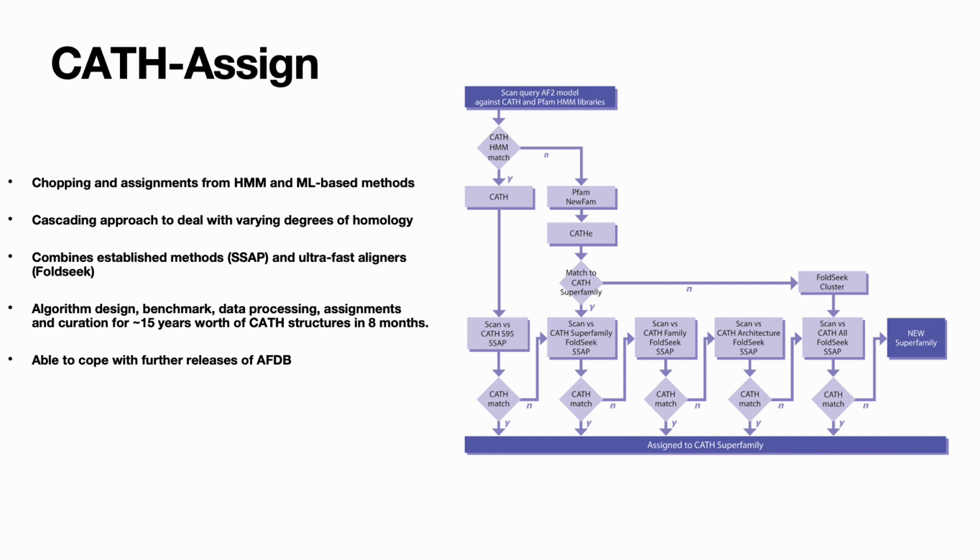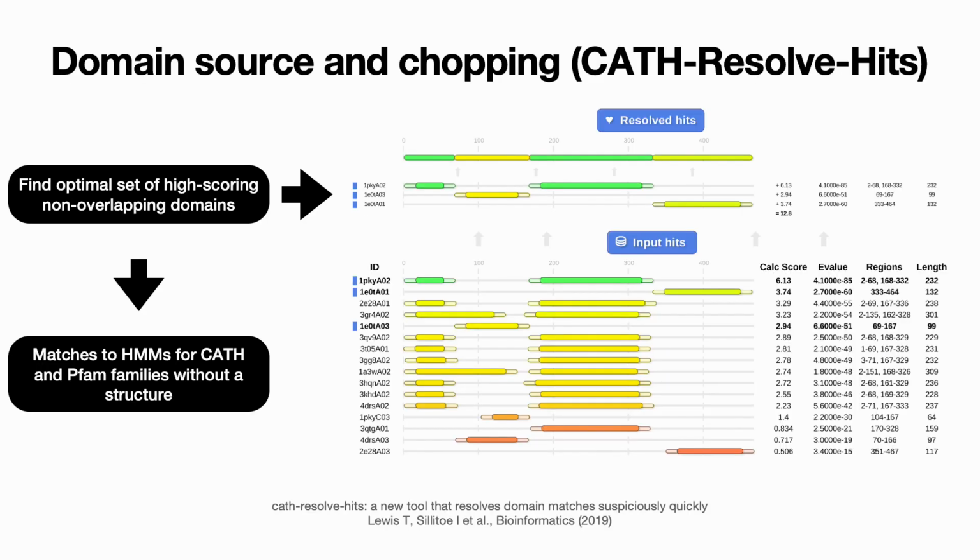So I'm going to go over the rest of the protocol later on during my talk, but the first step is assigning domains to initial CATH mappings, since as part of the creation of our sister resource, Gene3D, we have hidden Markov model hits for CATH domains and PFAM domains.